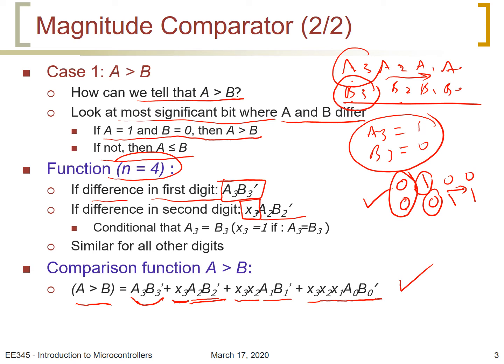So that is the function for A greater than B, and the same thing exactly for A less than B. We can swap A and B in the above formula to get the Boolean function for it.